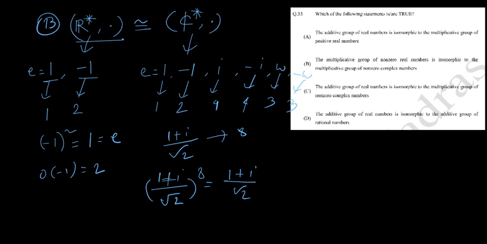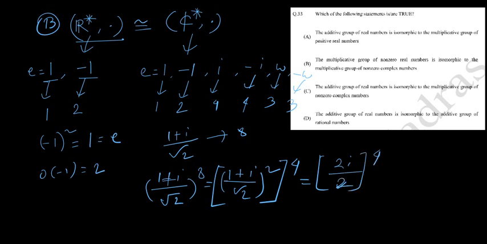we can write this as ((1 plus iota) by root 2) squared, whole to the power 4, because 4 into 2 equals 8. So this equals (1 plus iota) squared, which is 2 iota, by root 2 squared, which is 2, whole to the power 4. So the 2 cancels, and iota to the power 4 is 1.